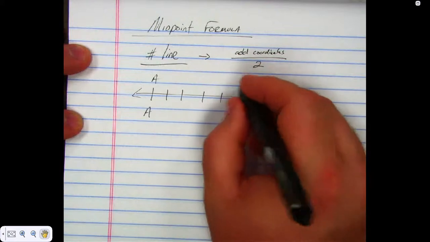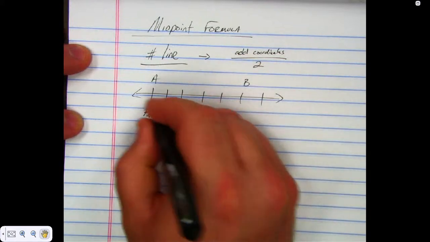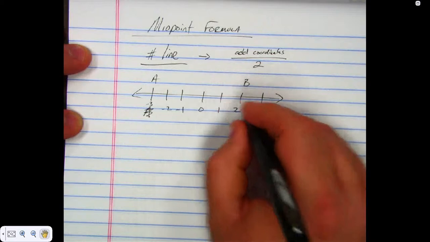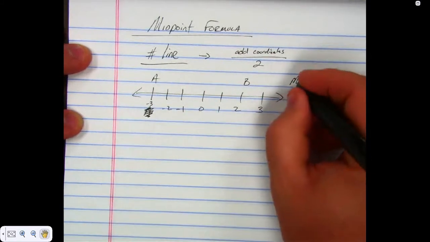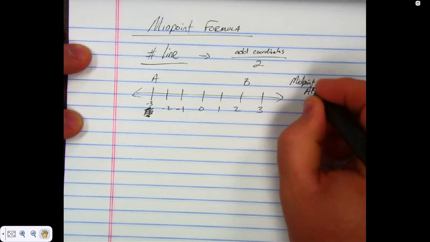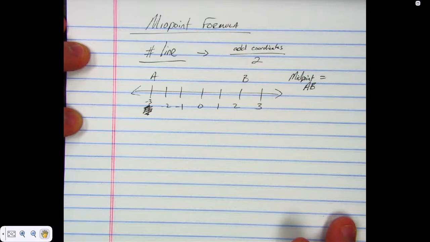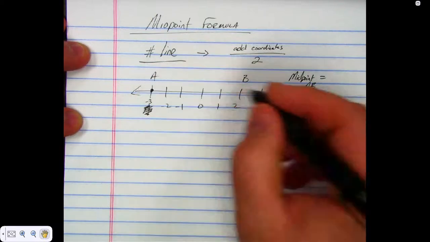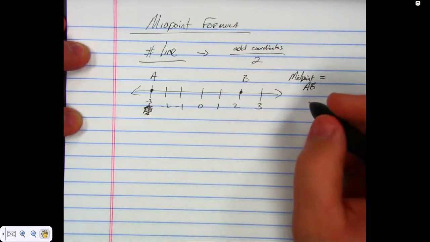So how would I find the midpoint of AB? A's right here at negative 3. B's at 2. What do I do, guys?